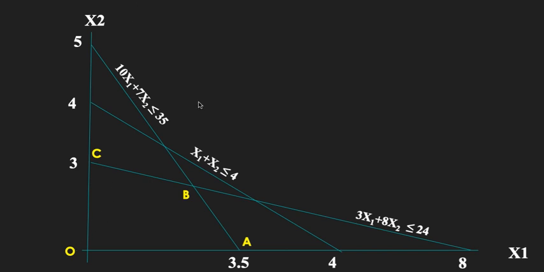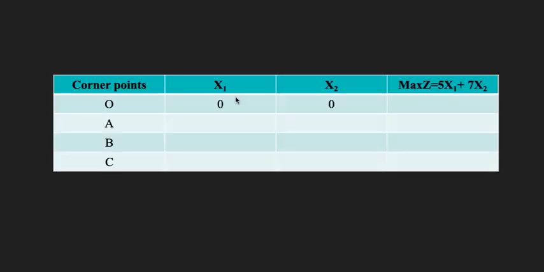Because we have the maximization equation, when I put x1 and x2 values 0, what am I going to get? Our equation is 5x1 plus 7x2, and both values are 0. So max z would be 0. We write down 0 there.